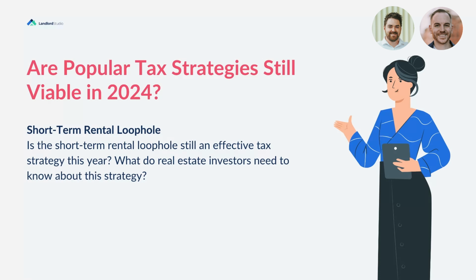Like the real estate professional status, there doesn't seem to be any indication of it being removed from the tax code. It's also been around for effectively as long as the real estate professional status has. It's just been lesser known, but it's still effective. People are still using it, even with 60% bonus depreciation, and we still expect people to use it, in the same way people still use reps when it's 40% bonus depreciation. So still very much effective.